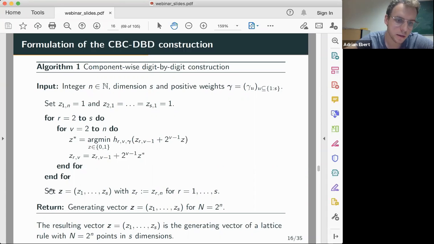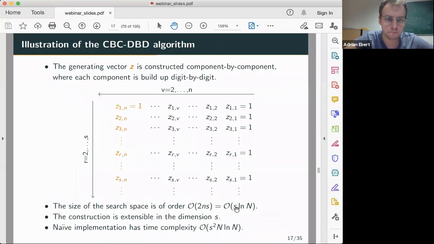In the end, we obtain all the components of our generating vector by setting the respective component Vr to be Vr,n. Then we obtain a generating vector for a lattice rule with 2 to the n points in s dimensions. I'm just trying to make the procedure of the algorithm clear.